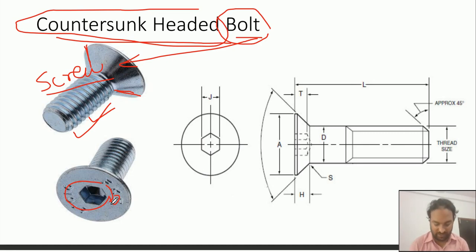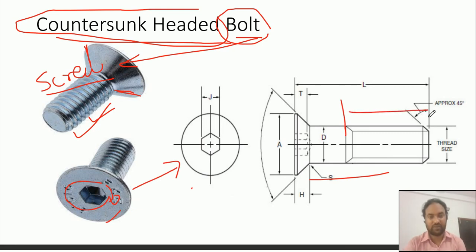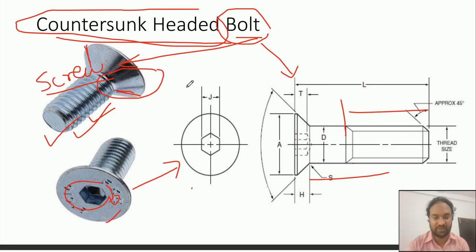To make it a little loose, we can use it. From the top view you can see the head, and from the side view you can see this one. If this part is threaded this much, it becomes a bolt. See, this is for the countersunk headed bolt. I have added these pictures to show you this countersunk head, only that part.